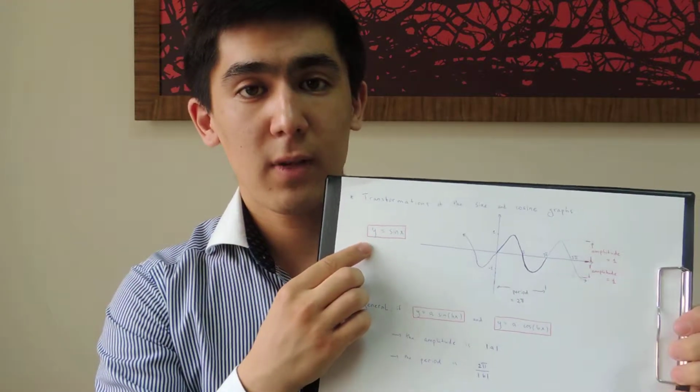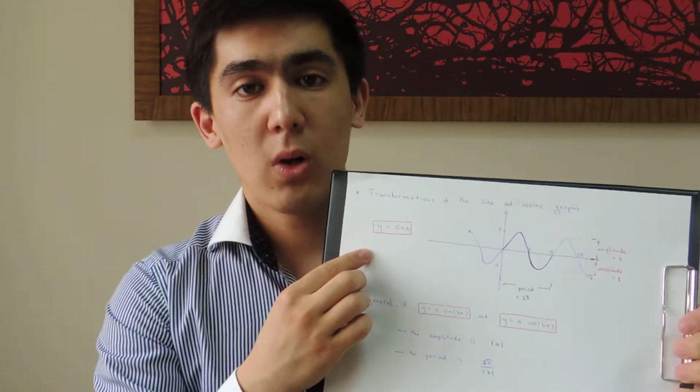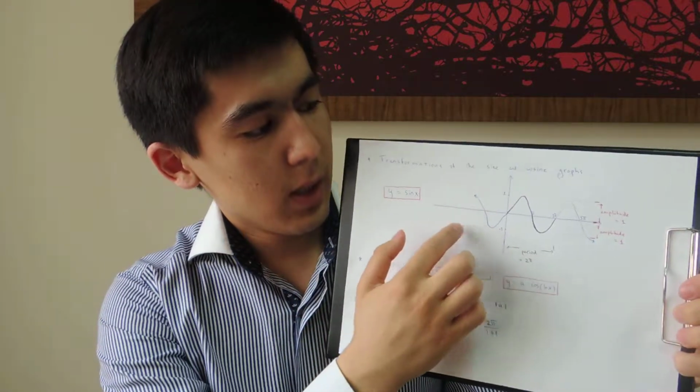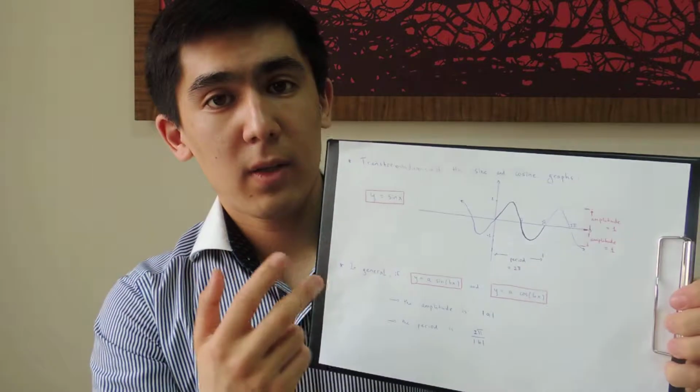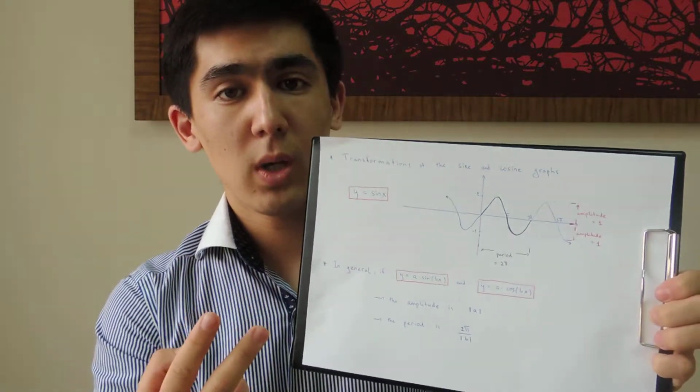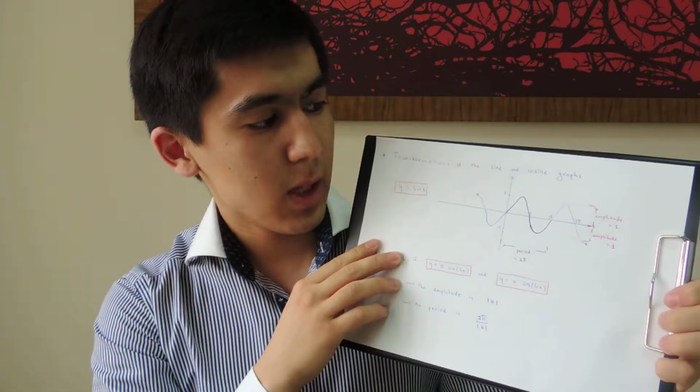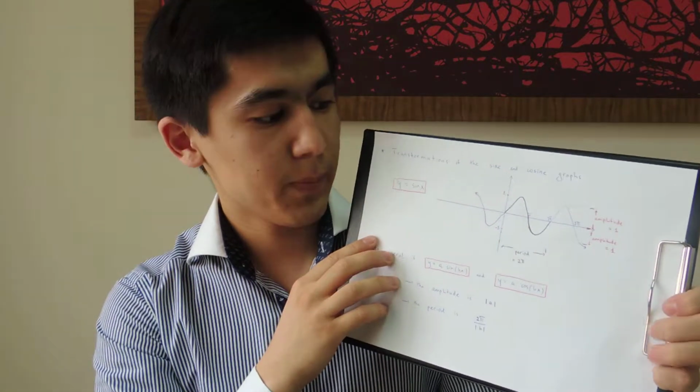Here is an example of the sine function, y equals sine x, and actually on the graph there are two main aspects that we should know. We should define the period and amplitude on the graph.